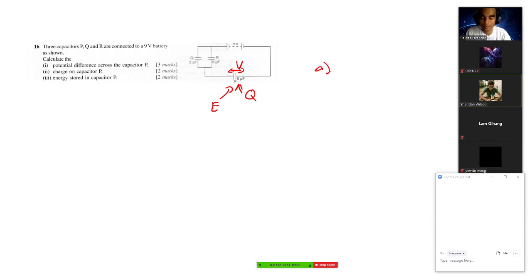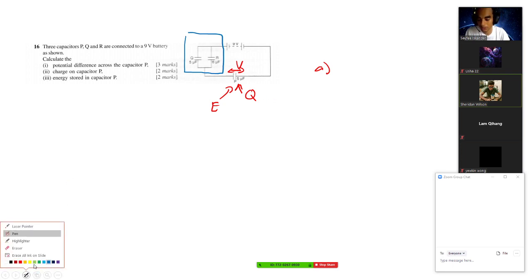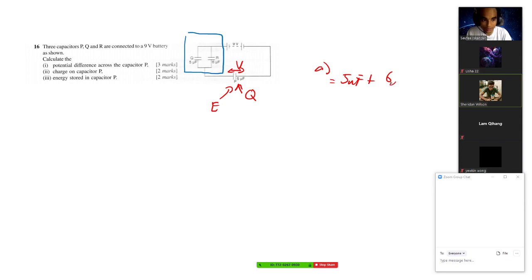Okay, so number A, how to do number A? To do number A, remember, if you have a network of capacitors over here, you have to combine these two first. Then you can proceed with the calculation. So what should we do? We have to combine. This is a parallel combination, both are connected in parallel. Parallel is very easy: 5 microfarad plus 6 microfarad.